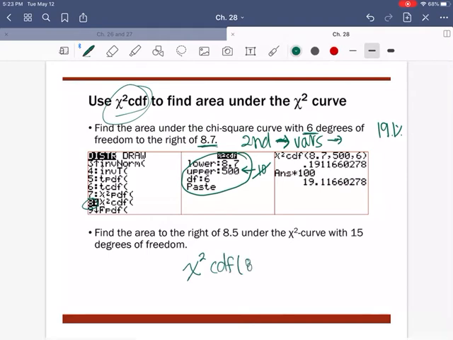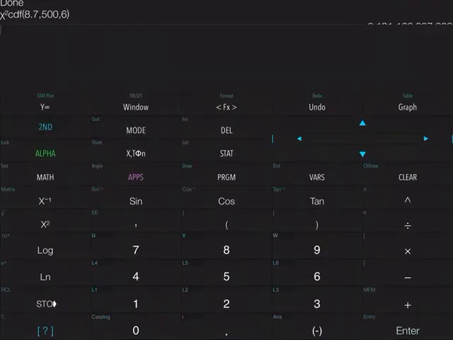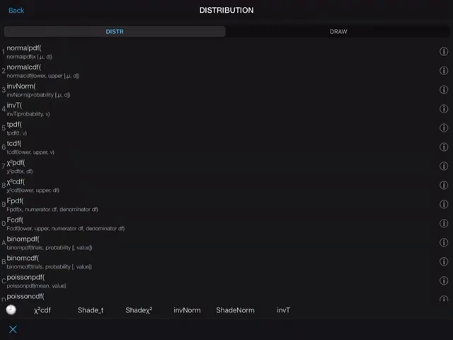We can do it with this: to the right of 8.5 with a degree of freedom of 15. So we're going to go chi-square CDF, 8.5 to 500 with 15 degrees of freedom.